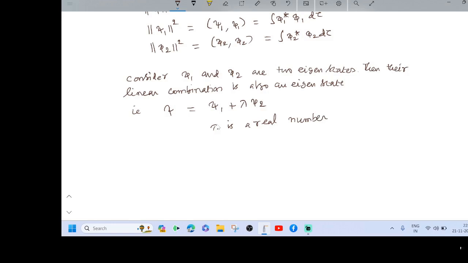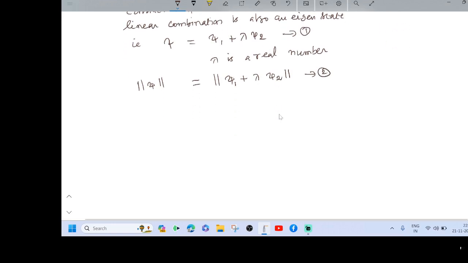Now, say this is equation 1. Taking the norm on both sides of equation 1, the norm of psi is equal to the norm of psi1 plus lambda psi2. Say this is equation 2.